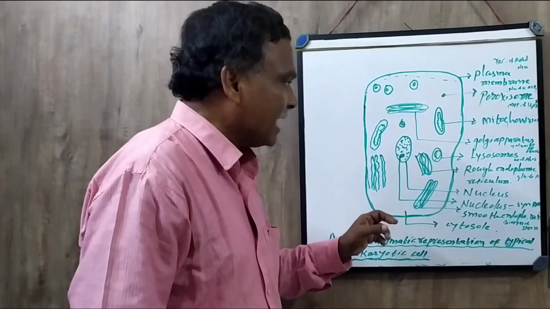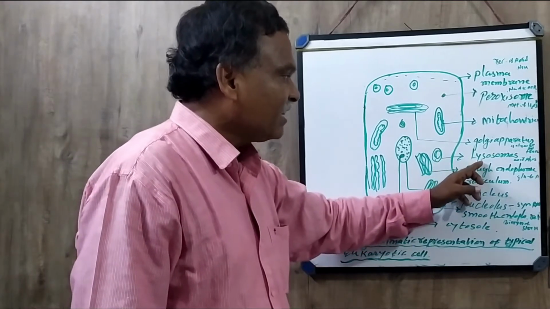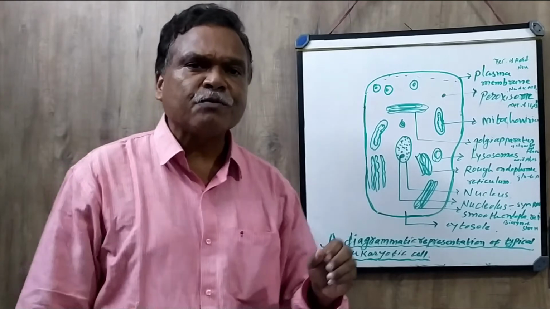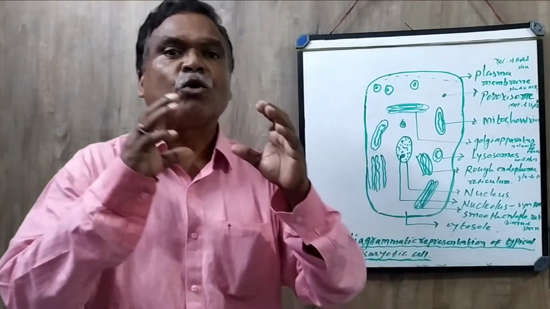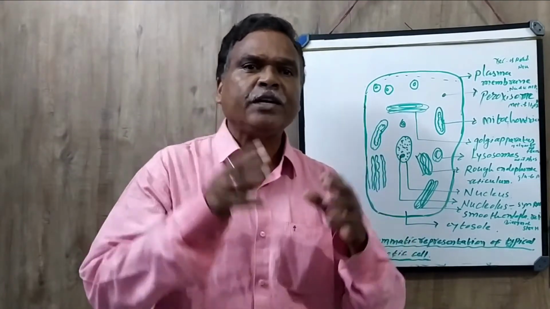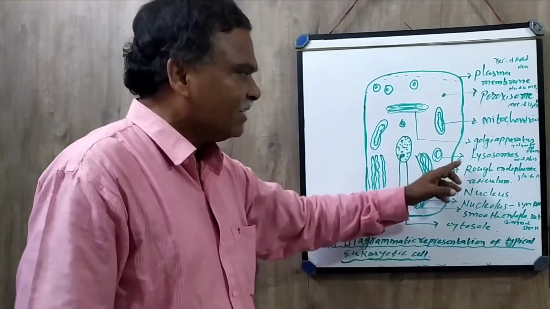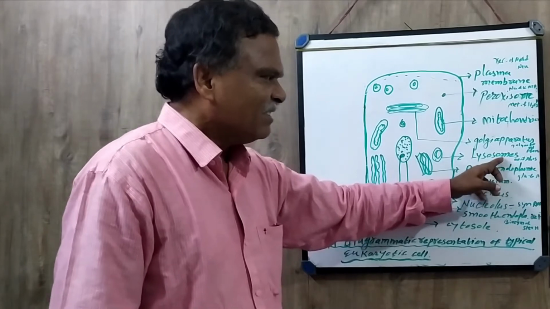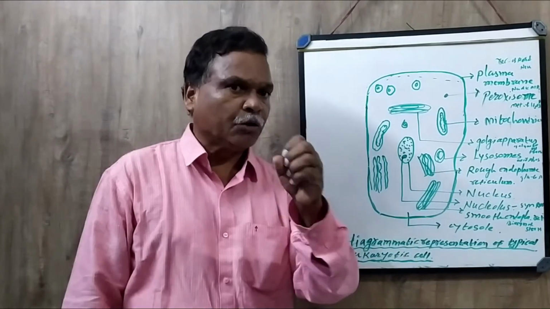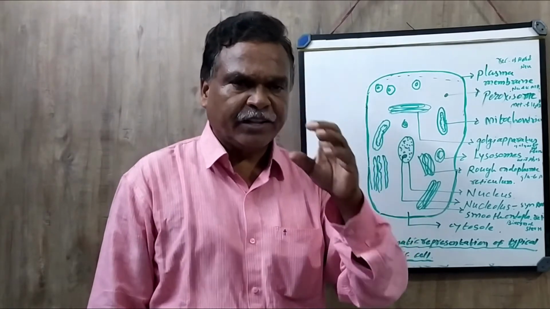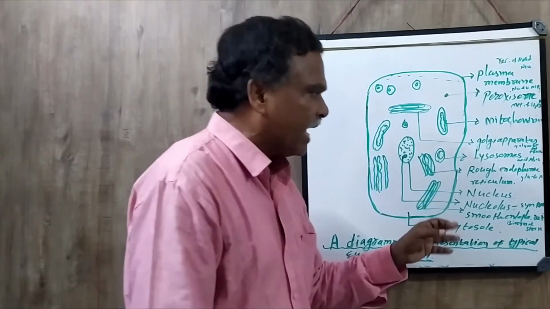Now another organelle is called the lysosome. The lysosome is responsible for the digestion of macromolecules and the hydrolysis of nucleic acid. Lysosomes are also responsible for the hydrolysis of glycolipids, sphingolipids and glycosaminoglycan.